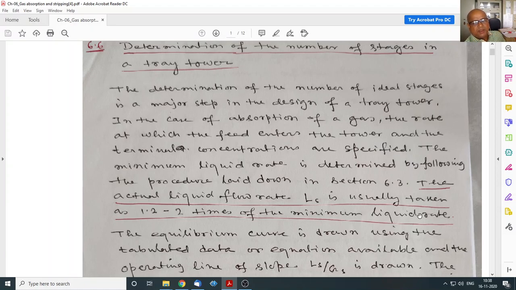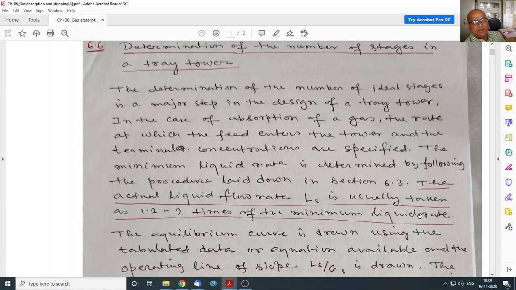Once I get the operating line, and there is the equilibrium line, we will draw the triangles that we discussed in chapter 4. From there we will calculate the number of ideal stages. I can do it either graphically or numerically using the Kremser equation, which we have already discussed in chapter 4.